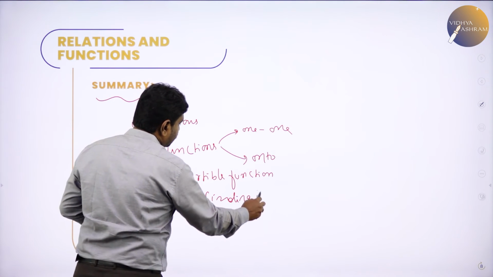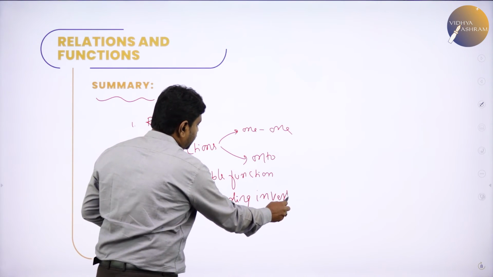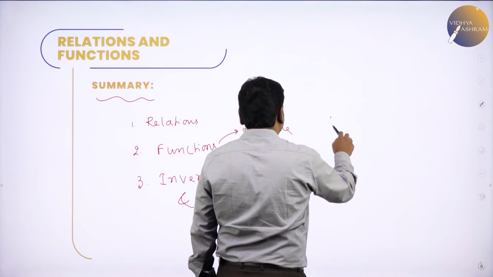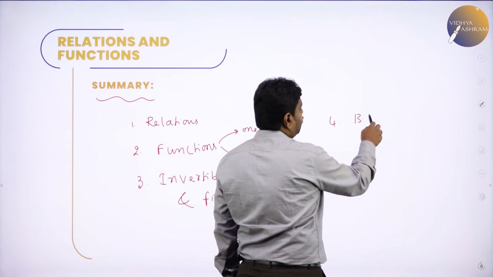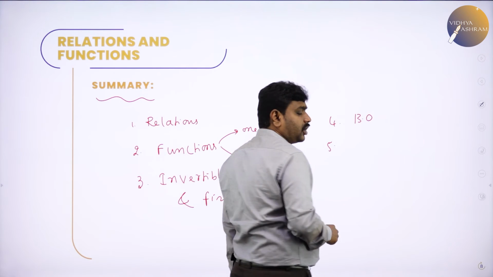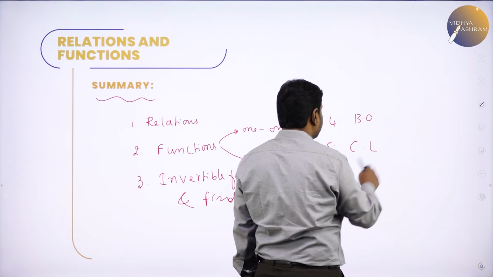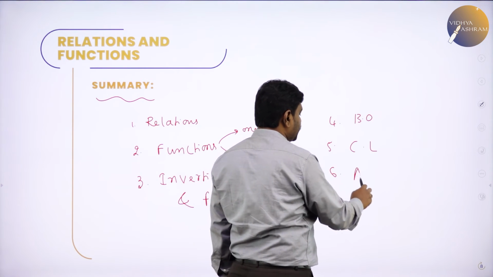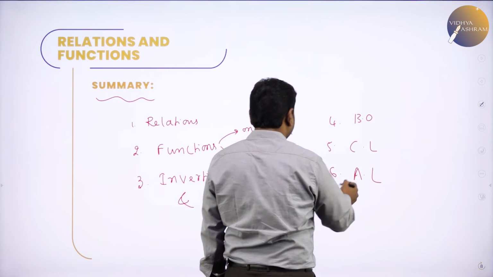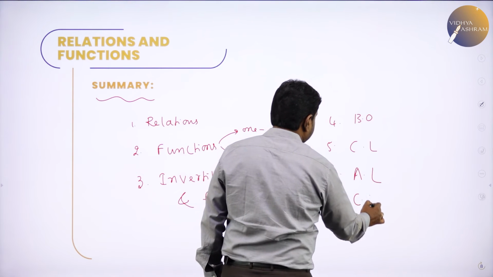Then we have studied a very important concept, that is binary operation. After binary operation we studied commutative law, then we studied associative law, and in between we also studied composite functions.